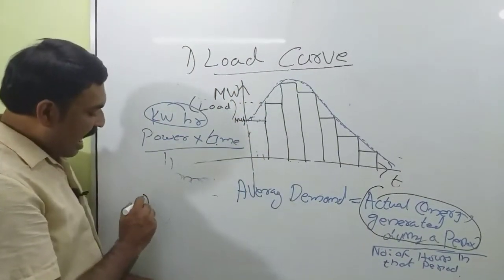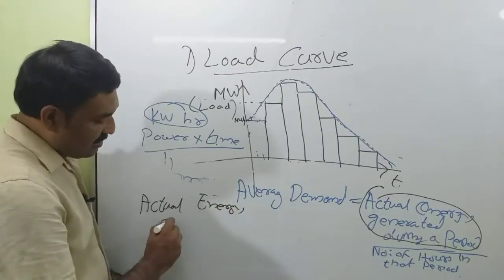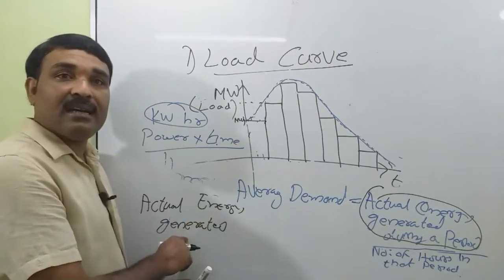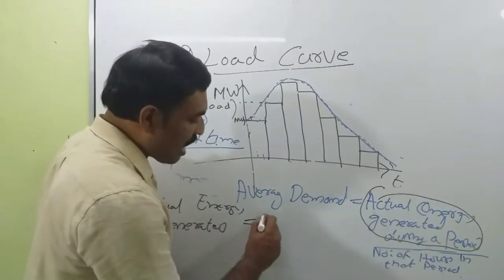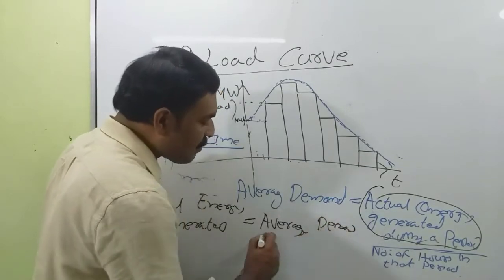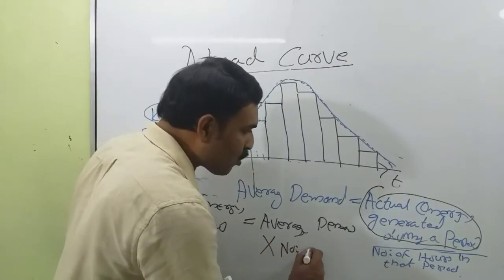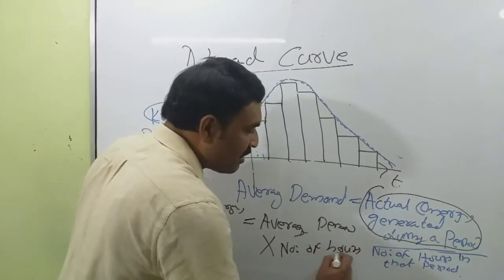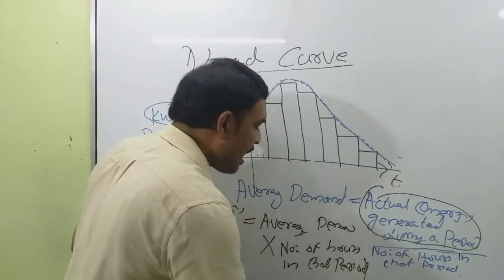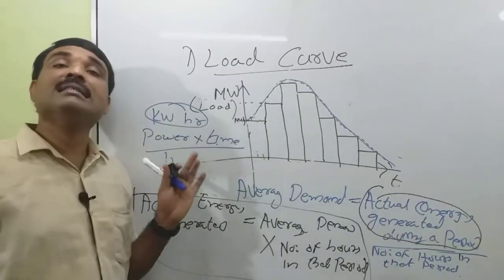That means actual energy generated during a period is equal to average demand multiplied by number of hours in that period. This will give the actual energy generated, that is average demand into number of hours in that period.